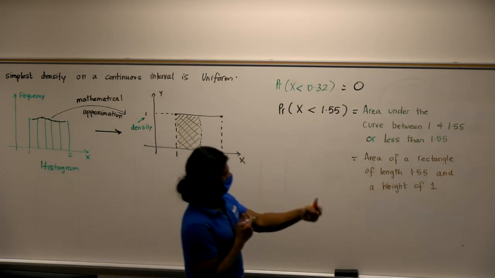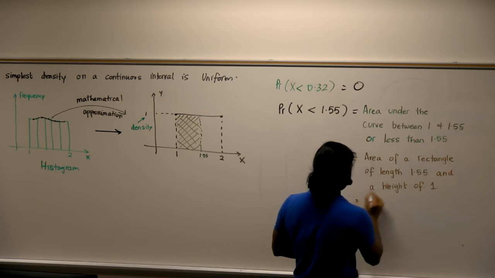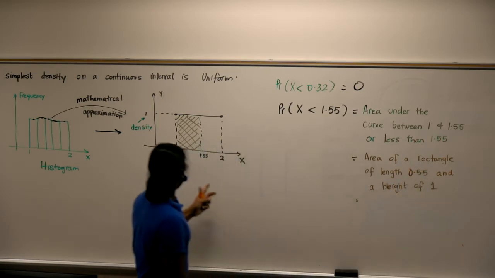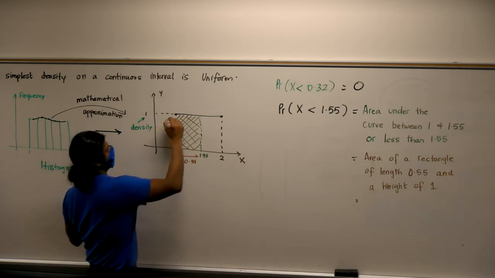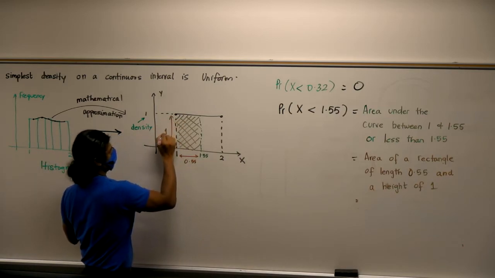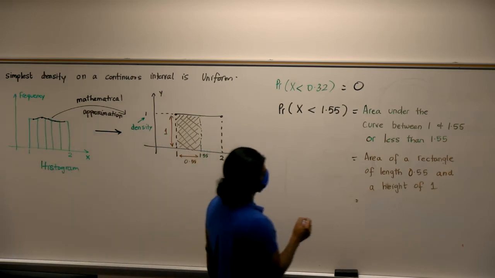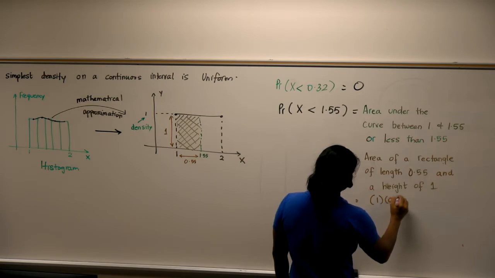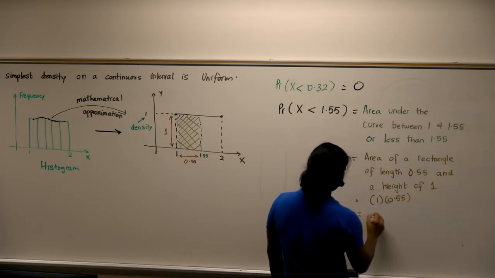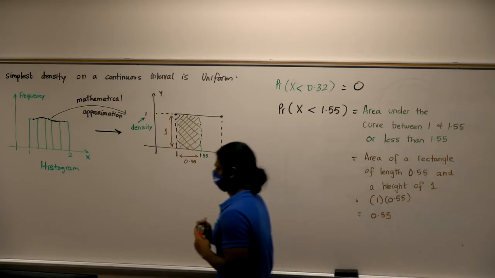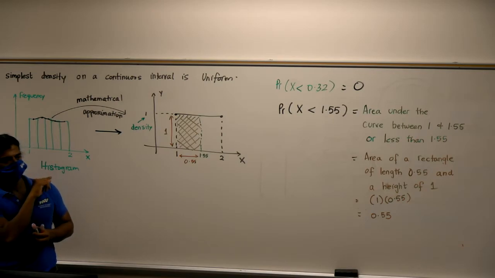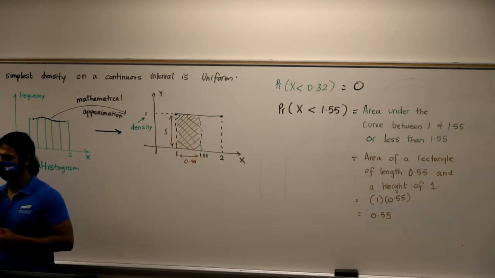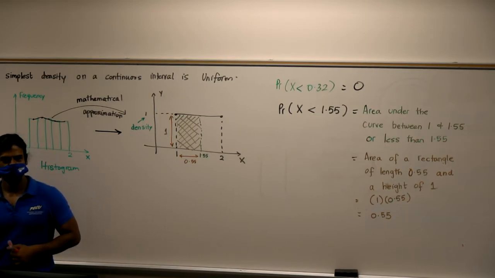Height times width, oh, it's 0.55, sorry. So 1.55 minus 1, that length is actually 0.55, and that over there is 1. Multiply the two. The probability is 0.55. Good. Now do we see what I mean by area under the curve? Yes. Okay.